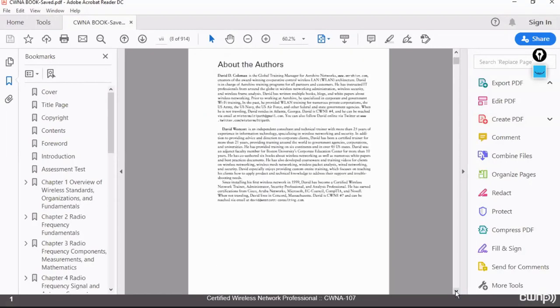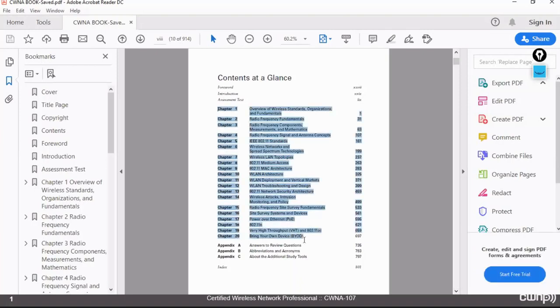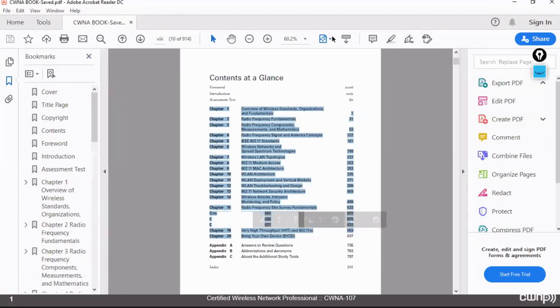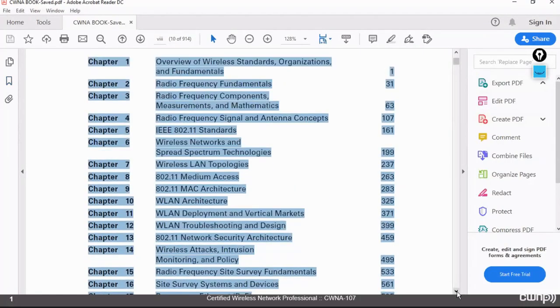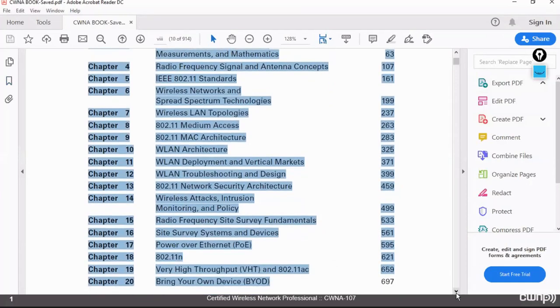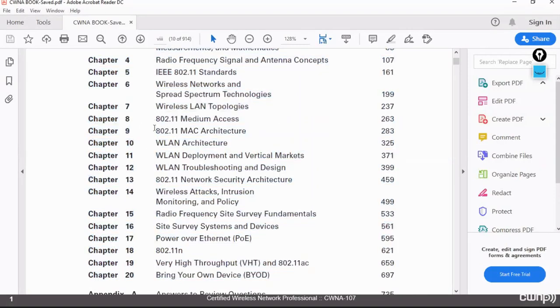After the acknowledgement, you can see approximately 20 lessons. This is CWNA 106, and you can see we have chapter 1 to chapter 20. You can see the subject and the content here.